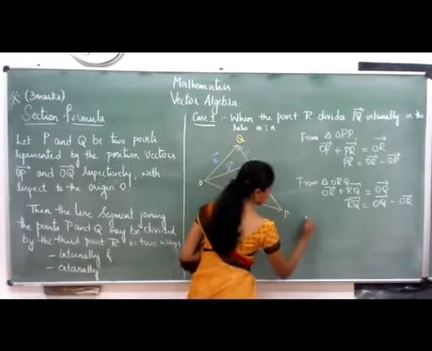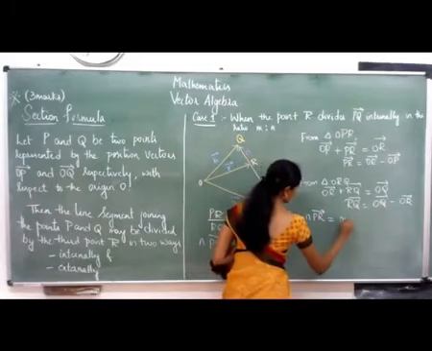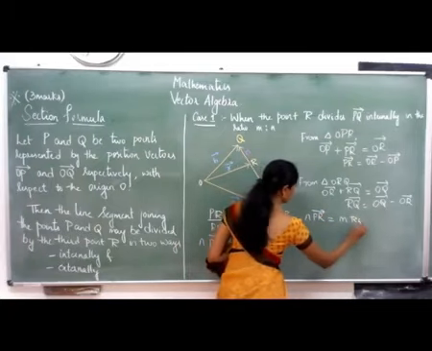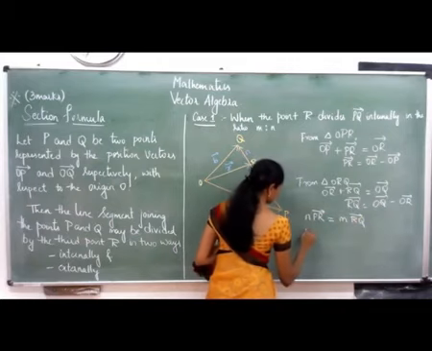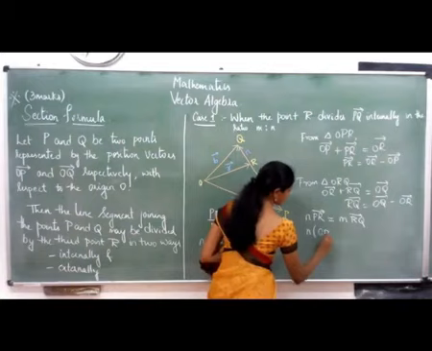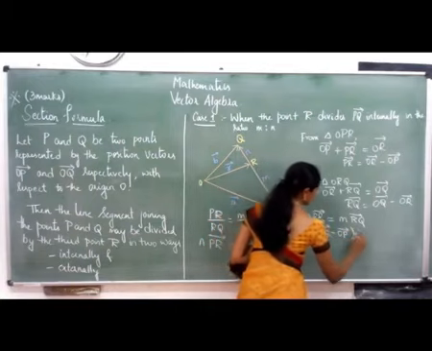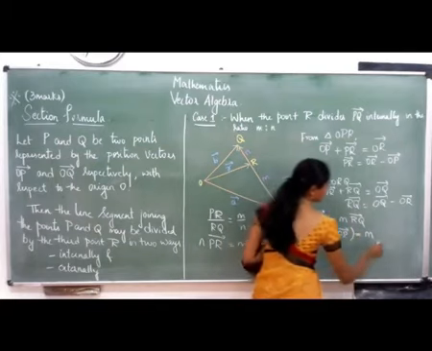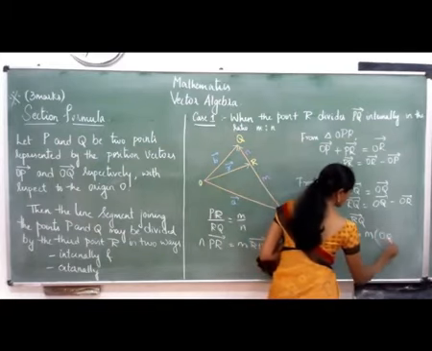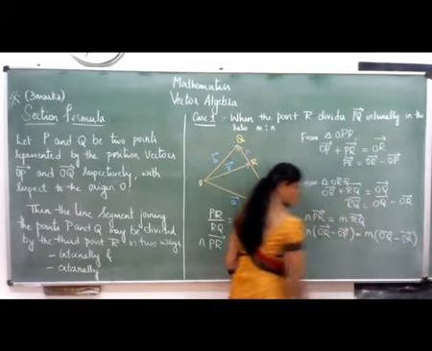Therefore, n into vector PR, which is equal to m into vector RQ, can be written as n into vector PR, which is vector OR minus vector OP, is equal to m into vector RQ, which is vector OQ minus vector OR.